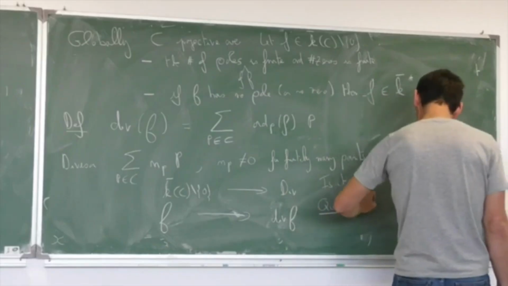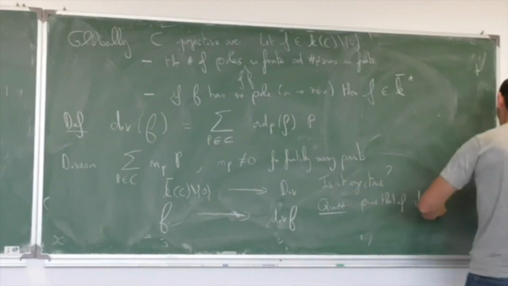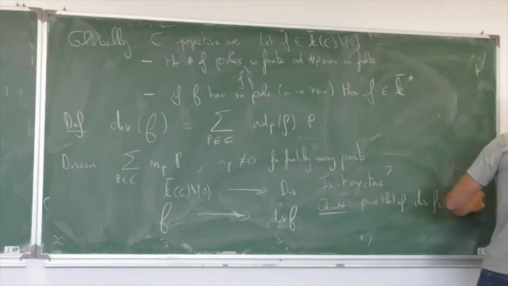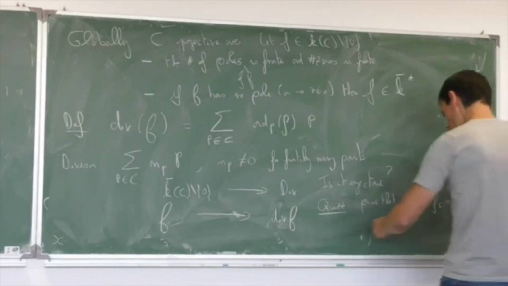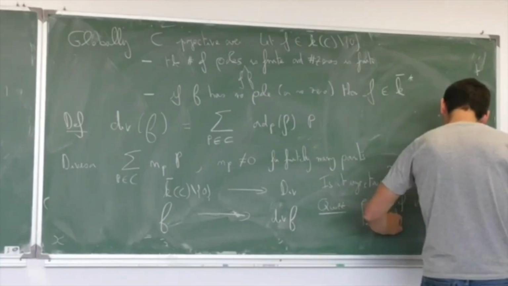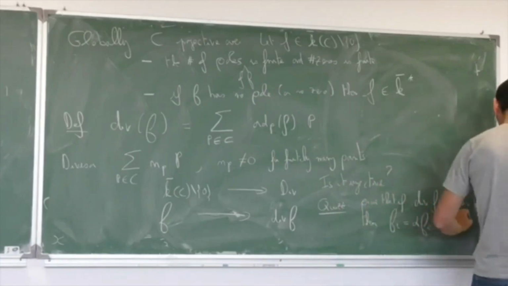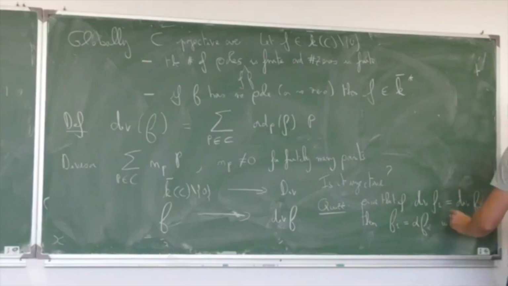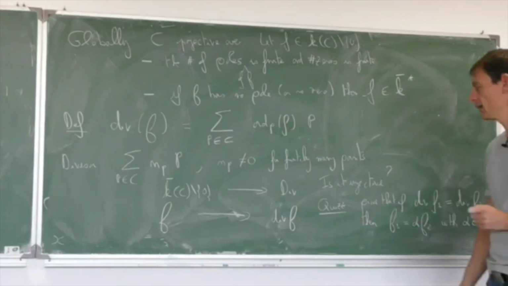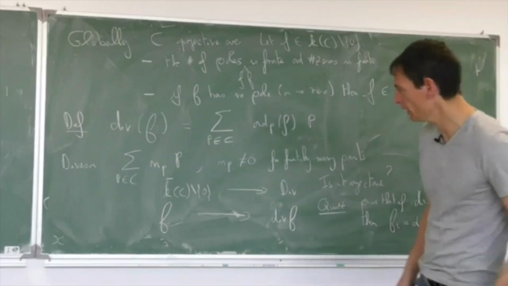Prove that if div(F1) is div(F2), then F1 equals alpha F2, with alpha inside K bar, not 0. And actually it's an if and only if, but I need only this direction. So it's almost injective.